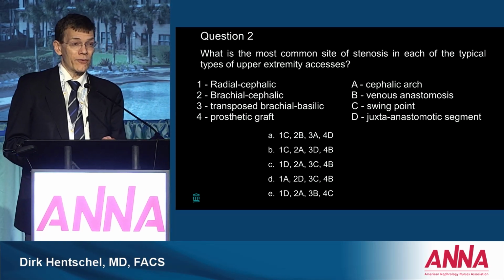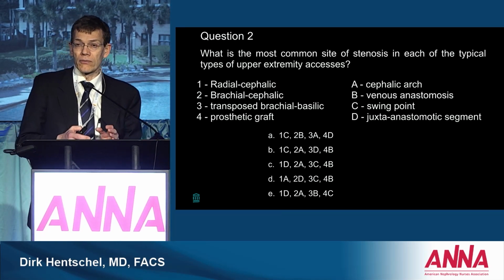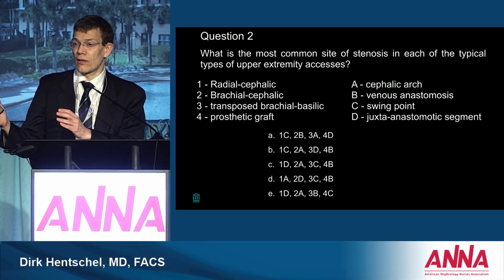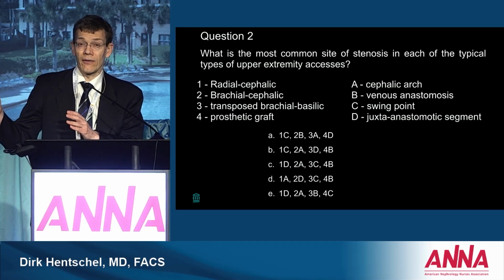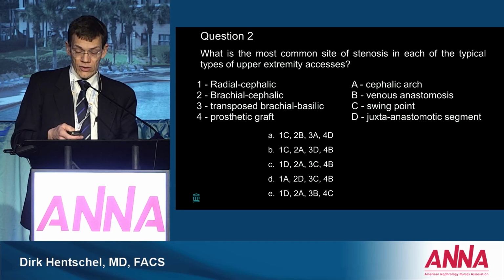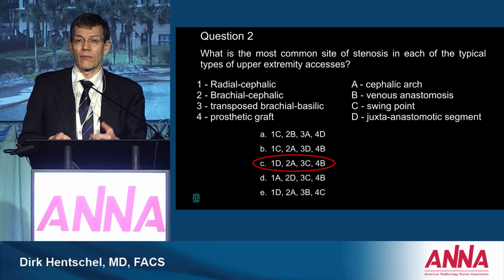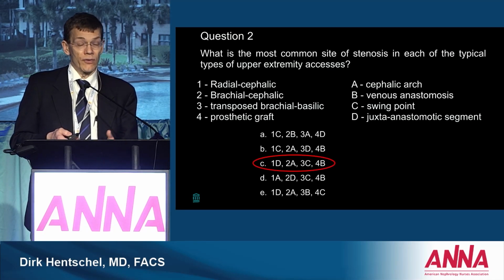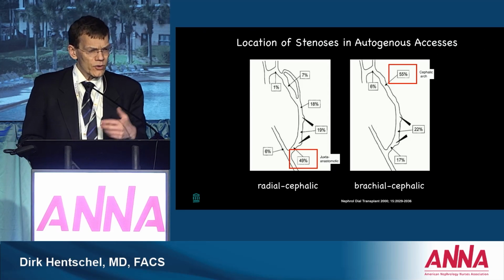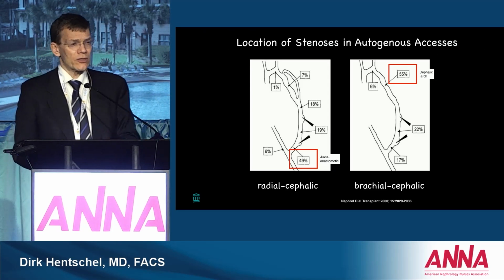And in a graft, you go from zero flow to often 1,200 to 1,500 flow, and that typically causes an injury of the endothelium of the vein that it's connected to, so venous anastomotic stenosis.